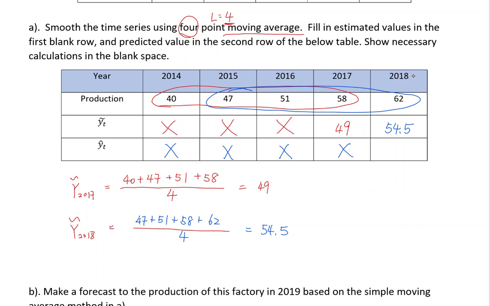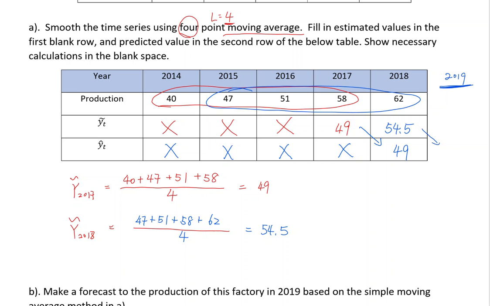And then what about the 2018 prediction? If you want to make the prediction for 2018, you need the estimated value for 2017, right? Which is 49. And then what about the next year, 2019? If you want to make the forecasting for 2019, you need the estimated value for 2018, right?